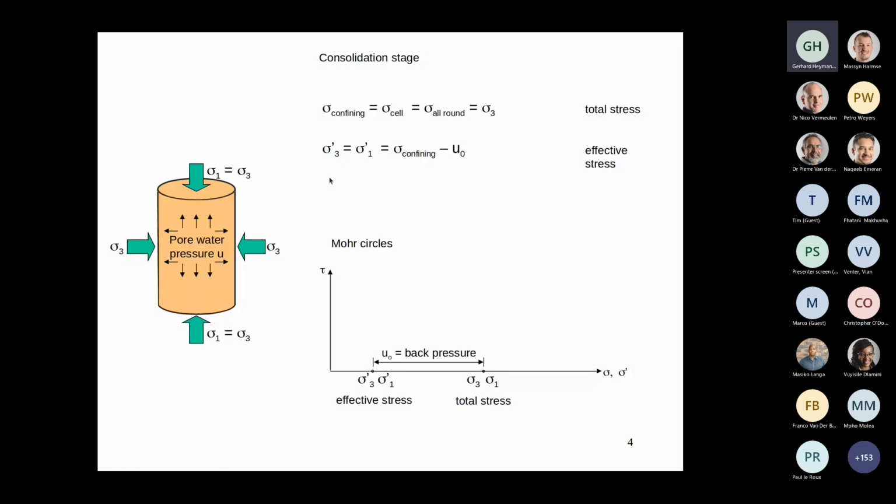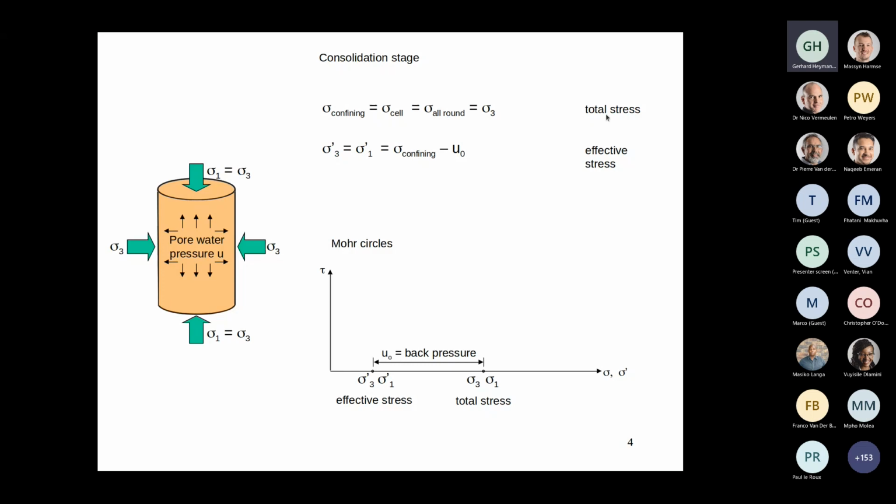Okay, so let's talk about the consolidation stage. What happens during the consolidation stage? We apply a cell pressure, which we also call the confining stress. And if you look at some textbooks from the USA, they call that the all-round stress. All of those are exactly the same. They are a total stress.